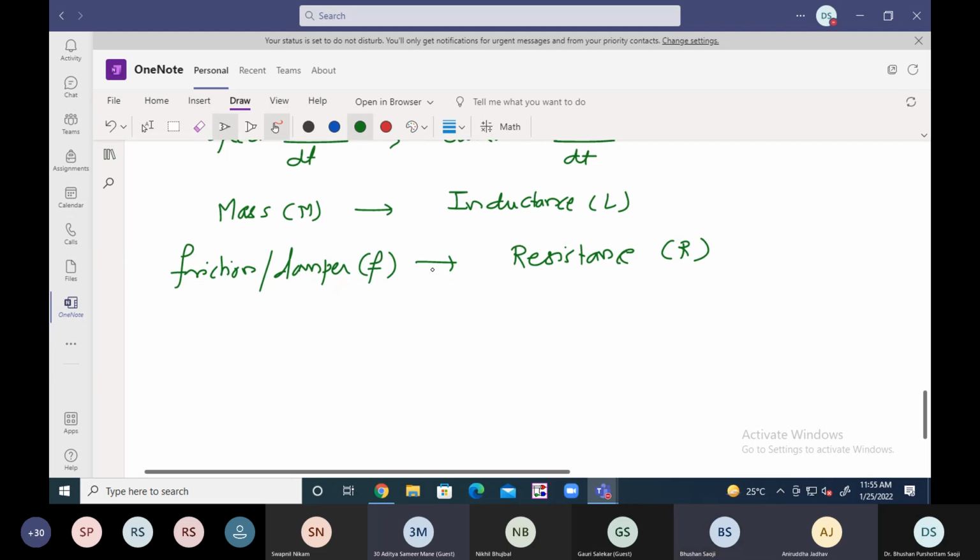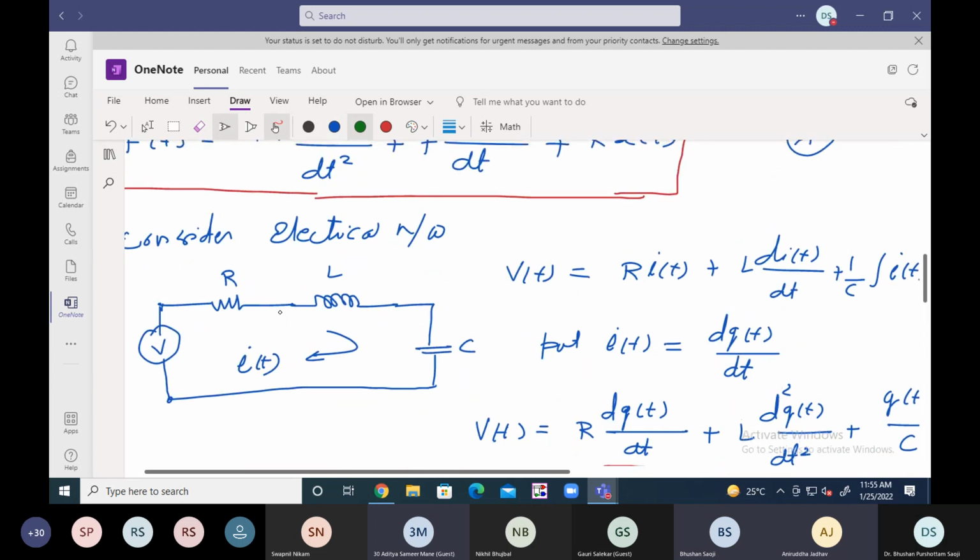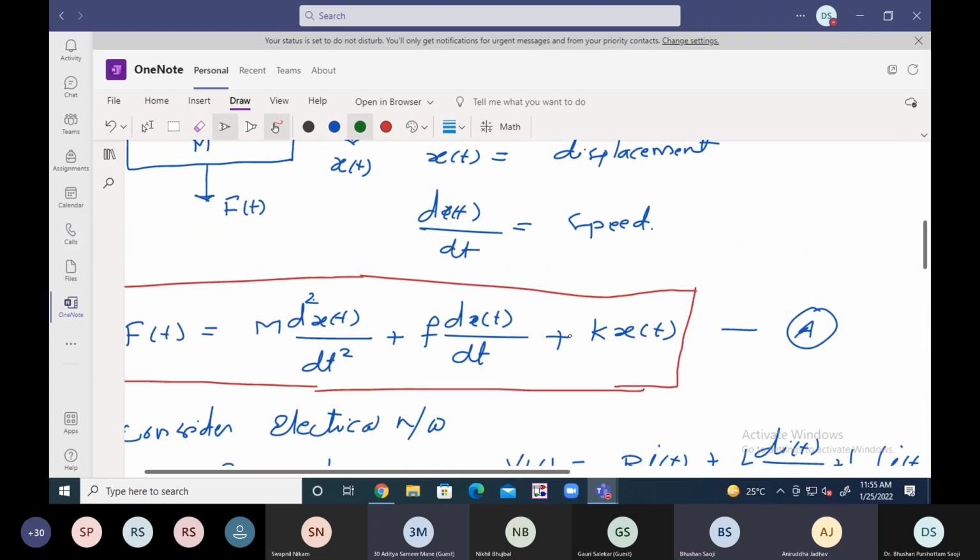Now see here, in f of t the third term is k into x of t.